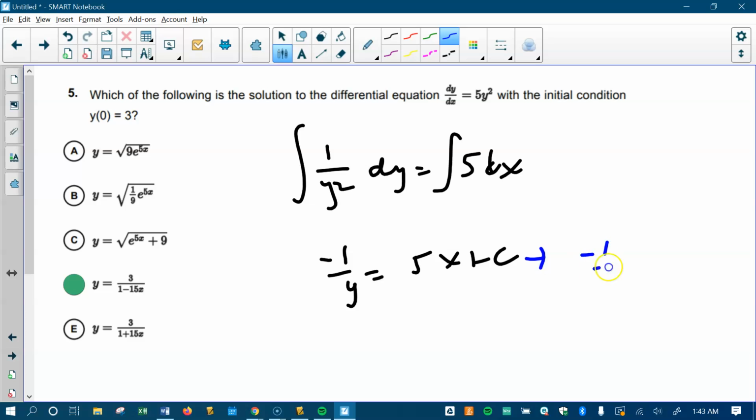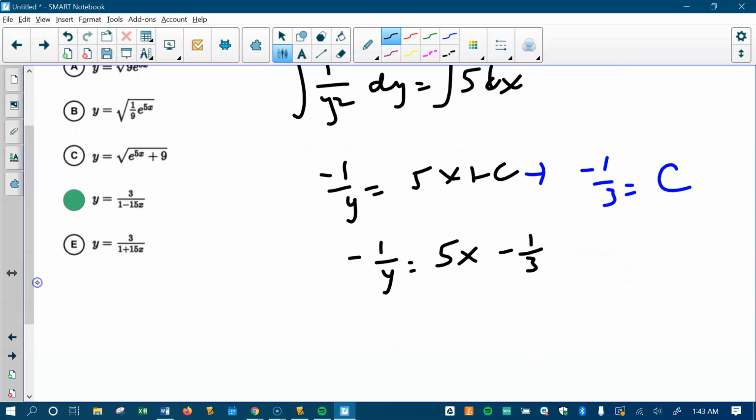So I get -1 over 3 equals c, because 0 is x. Let me erase that and clean that up. Okay, so now I end up getting -1 over y equals 5x minus 1 over 3. Multiplying both sides by 3, I get -3 over y equals 15x minus 1.